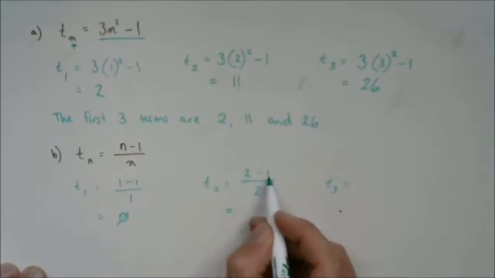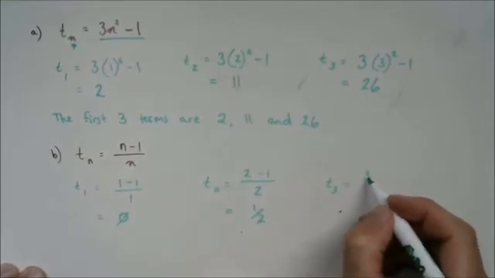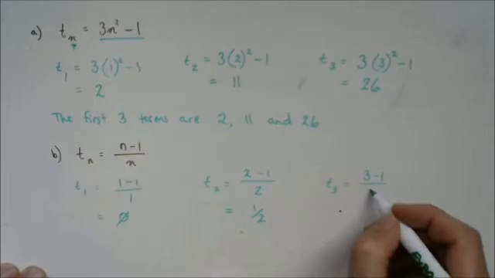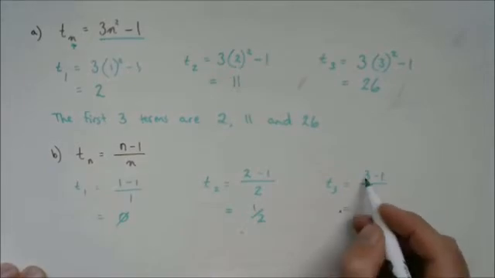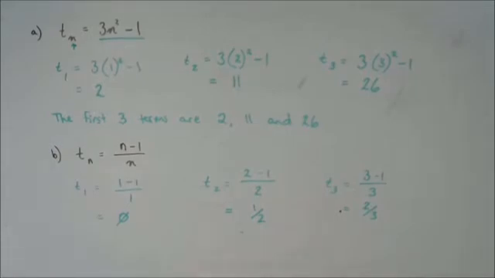So we have 2 minus 1 is 1. 1 over 2 is 1/2. And for the third term, we have 3 minus 1 over 3. 3 minus 1 is 2. That's 2/3. And there you have the first 3 terms are 0, 1/2, and 2/3.